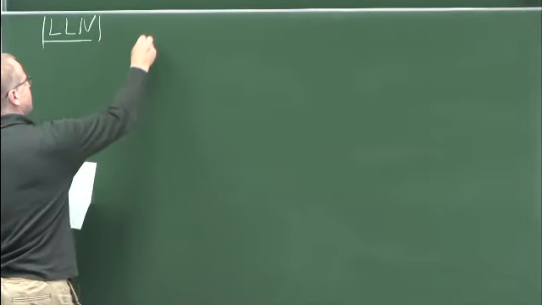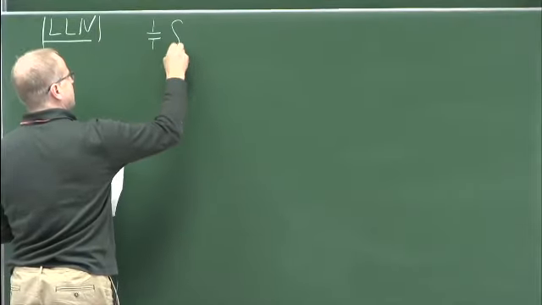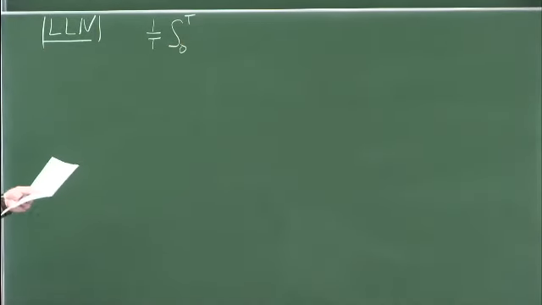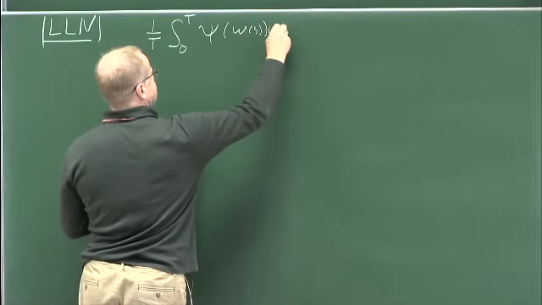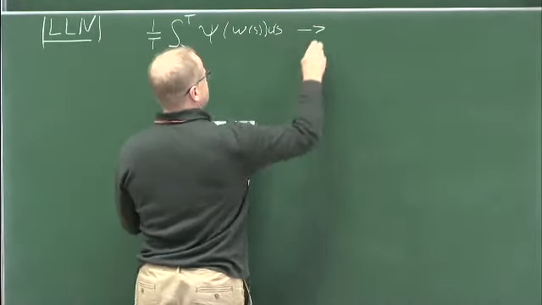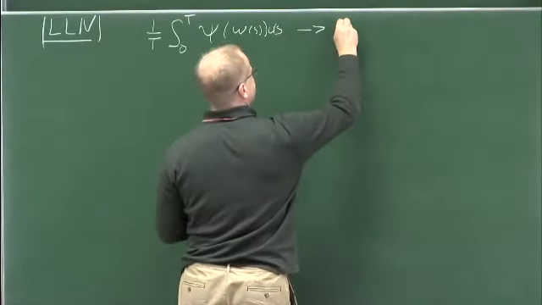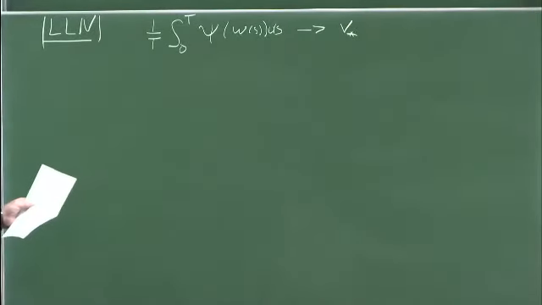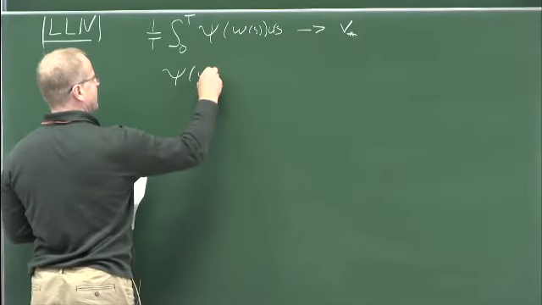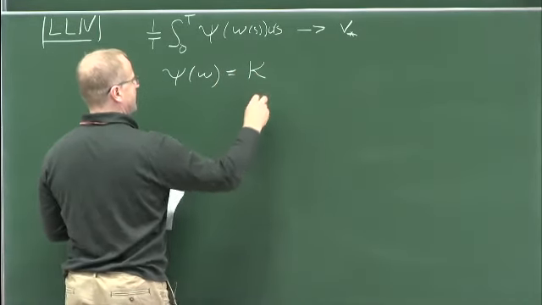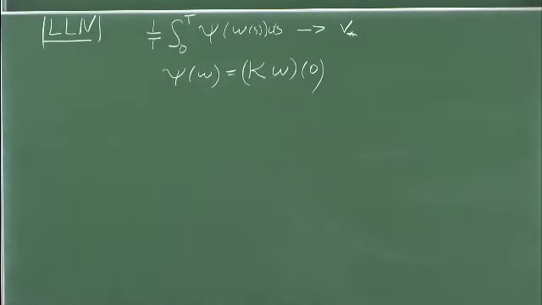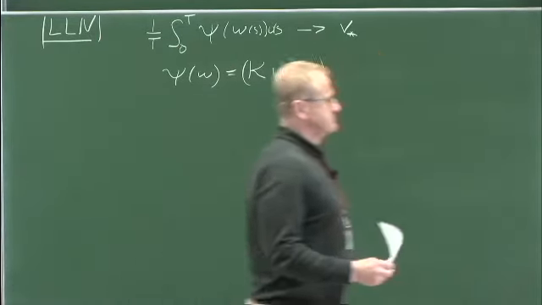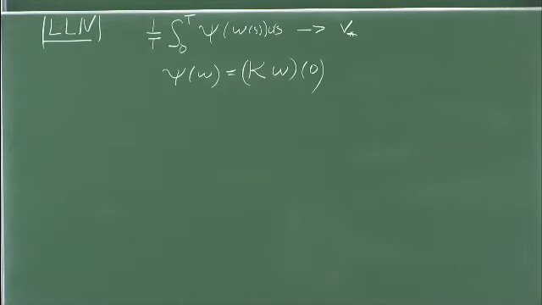We would like to prove that 1 over t integral 0 to t psi of omega s ds converges to some constant, where psi of omega is k omega of 0. Right? I just rewrite this in this form.